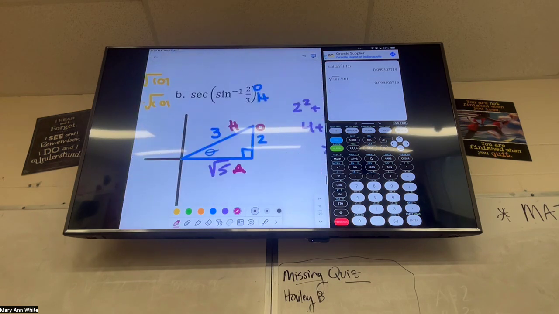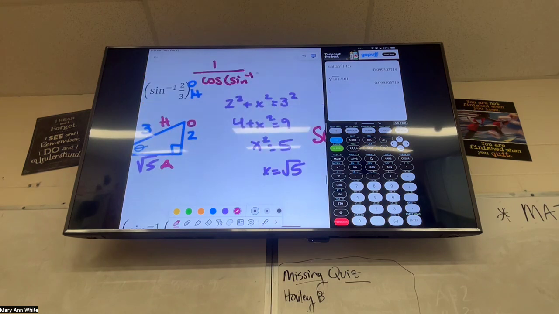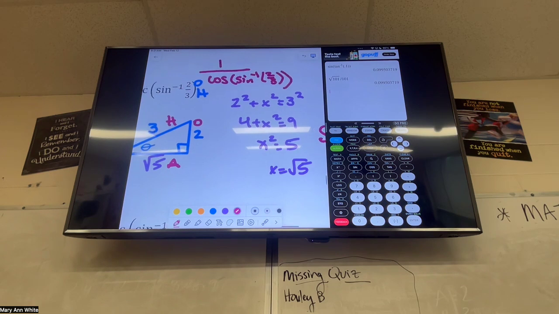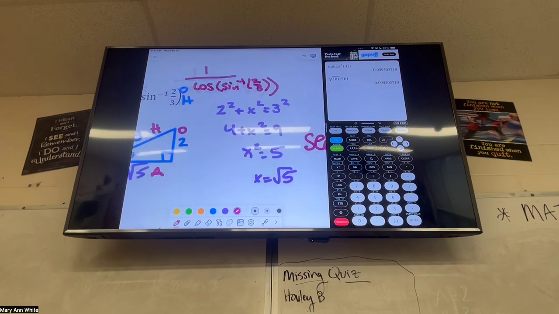This one's secant. That one's a little bit confusing. How do you think I put secant in the calculator? Whatever, 1 over cosine. So I'm going to make this 1 over cosine, and then we'll do sine to the -1 of 2/3. Just make sure your whole denominator is in parentheses.